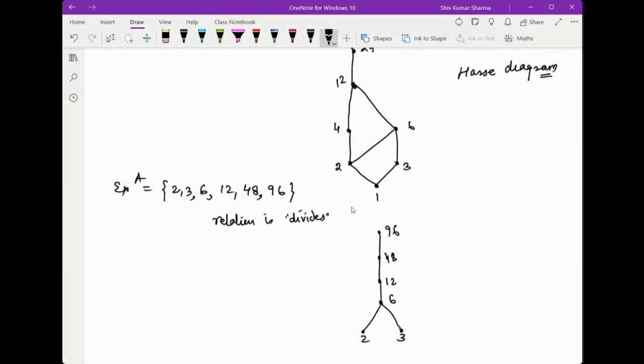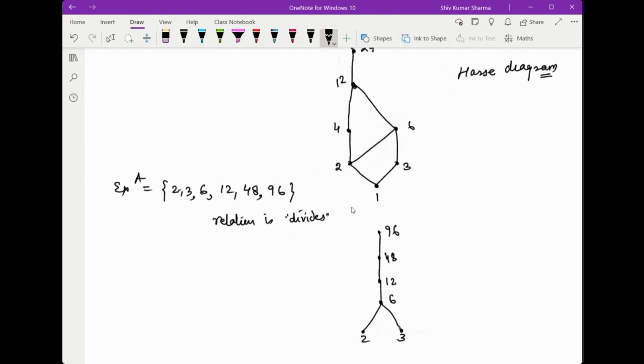So that means there is no boundation for maximal or minimal element. The next definition we define is for determining the maximal element or minimal element of any Hasse diagram. In this question we learned how to draw the diagram, and after drawing the diagram we identify the maximal element and minimal element of the Hasse diagram.